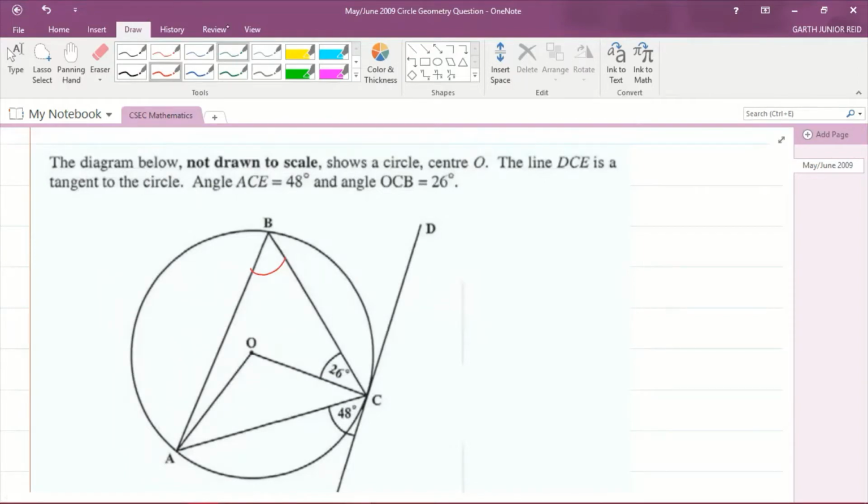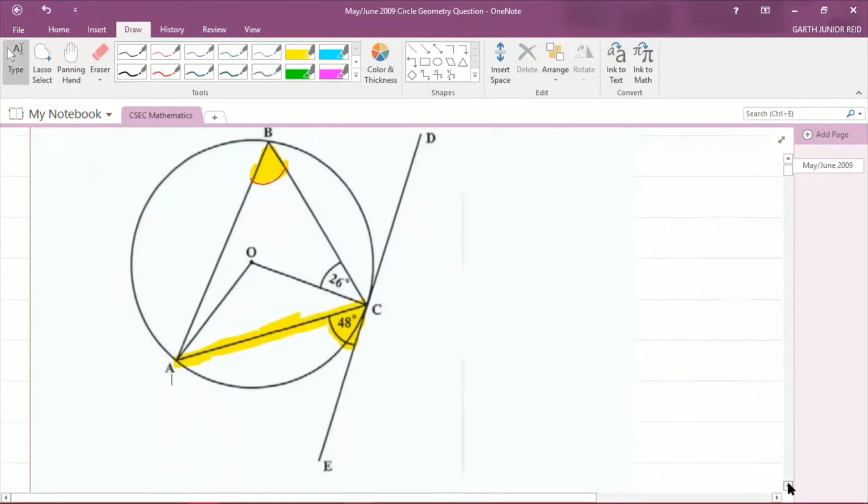Well, let us observe these angles here. This chord here, which is the chord AC, and we're going to also look at the tangent.